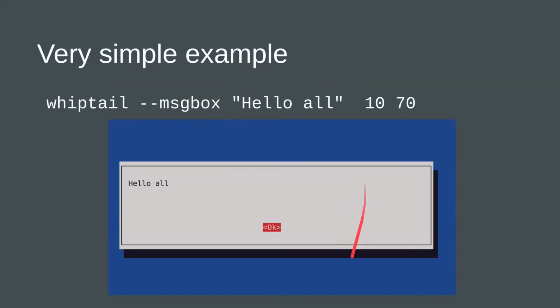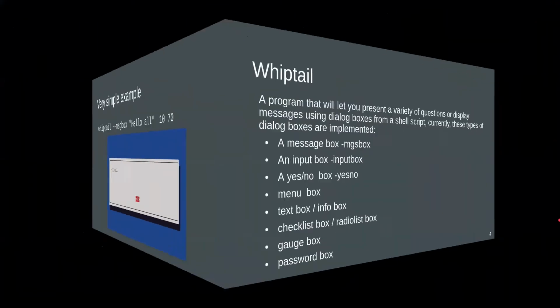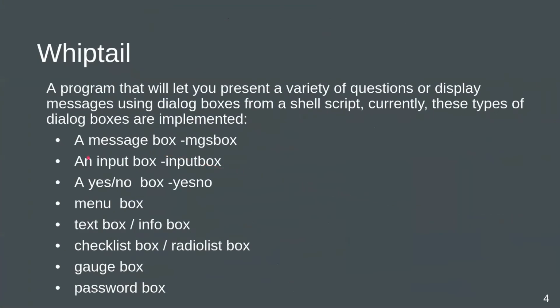So, some other types of boxes that we can create are input boxes to take input from a user, a yes/no box that offers a choice, a menu box, a text box, a checklist or radio list box, and there's a gauge as well that counts across the screen, like if something's loading.